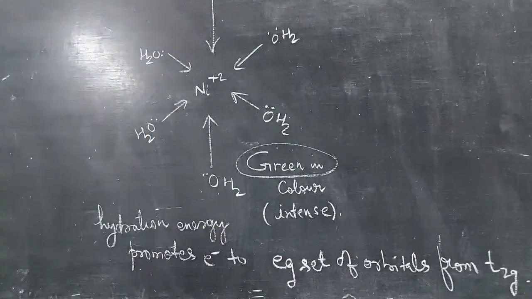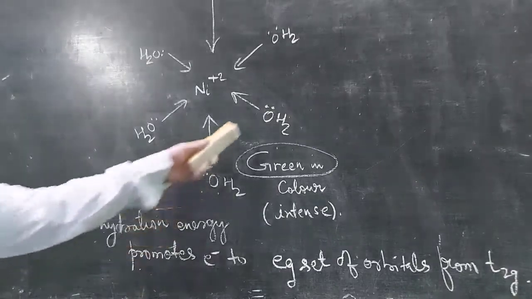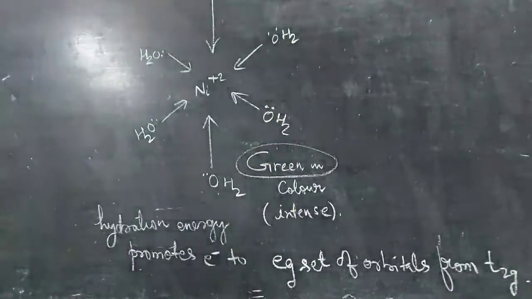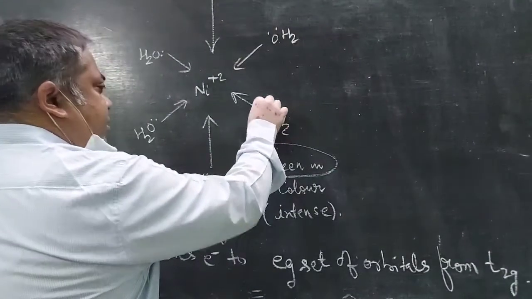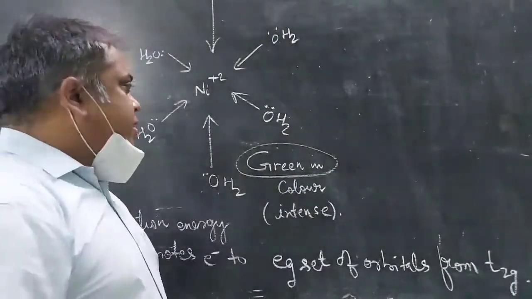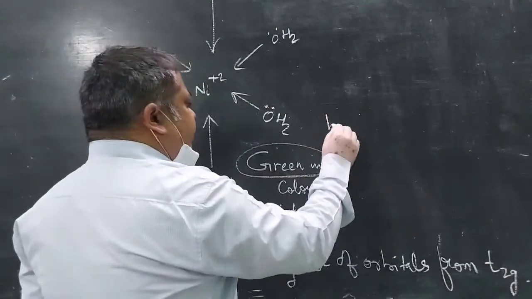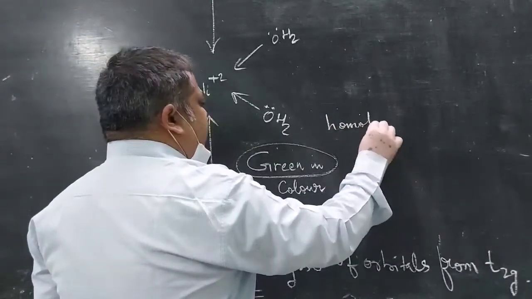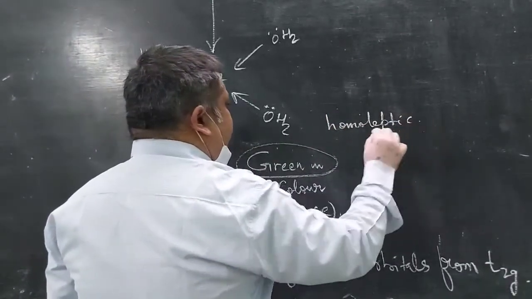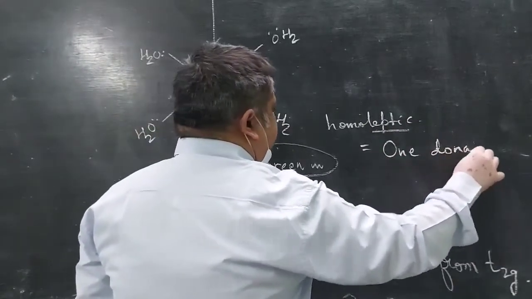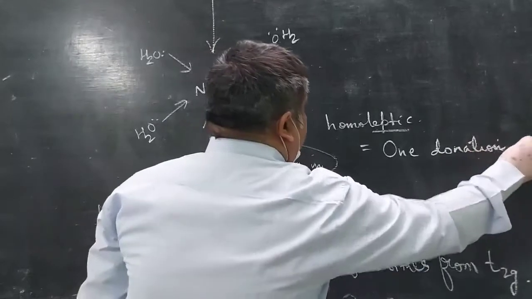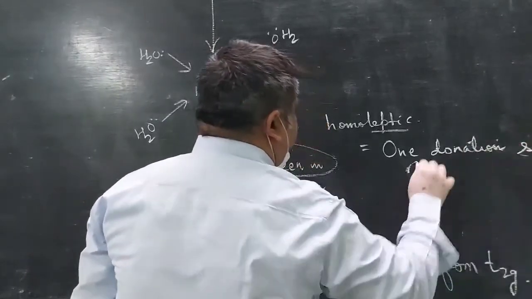Now instead of water molecules, if I take a bidentate ligand, this is what? Homoleptic ligand means it has one donation site of electron pair.